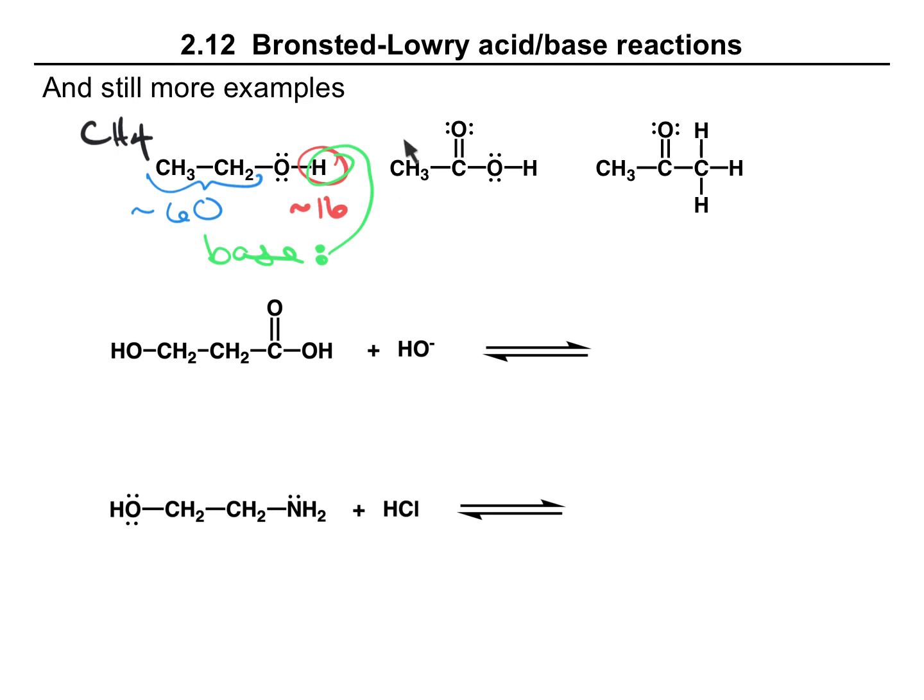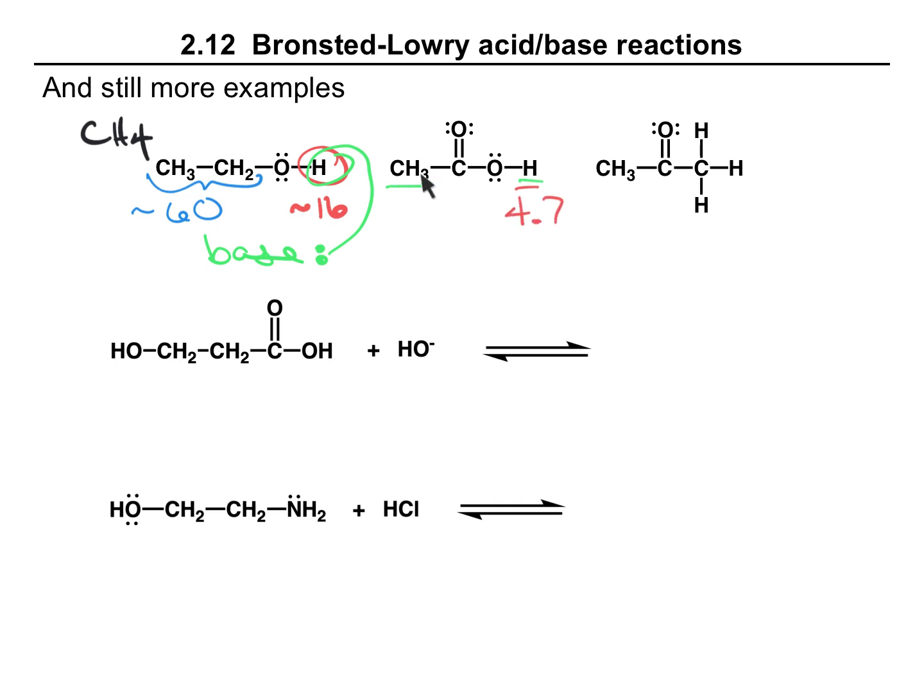If we look at our next example, acetic acid, we have this hydrogen and we have this set of hydrogens. We've already seen in a table of pKa values that this hydrogen has a pKa of about 4.7.